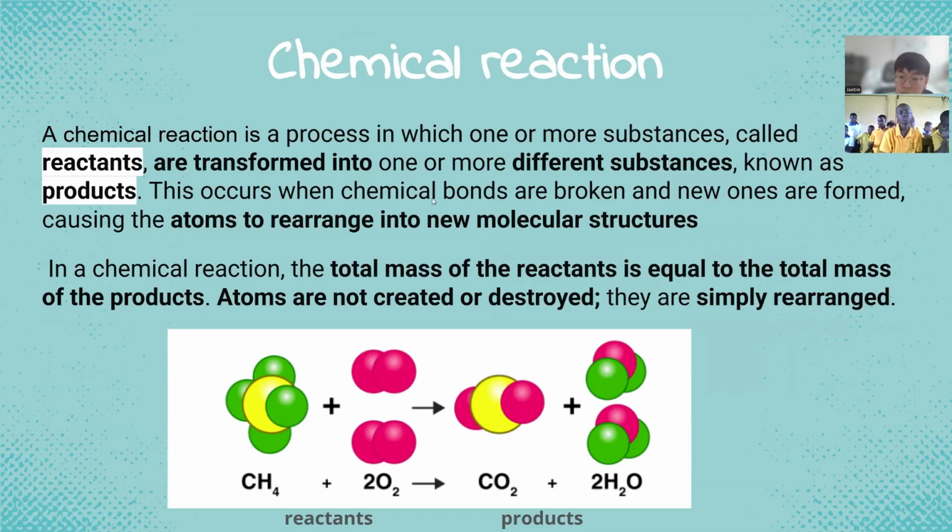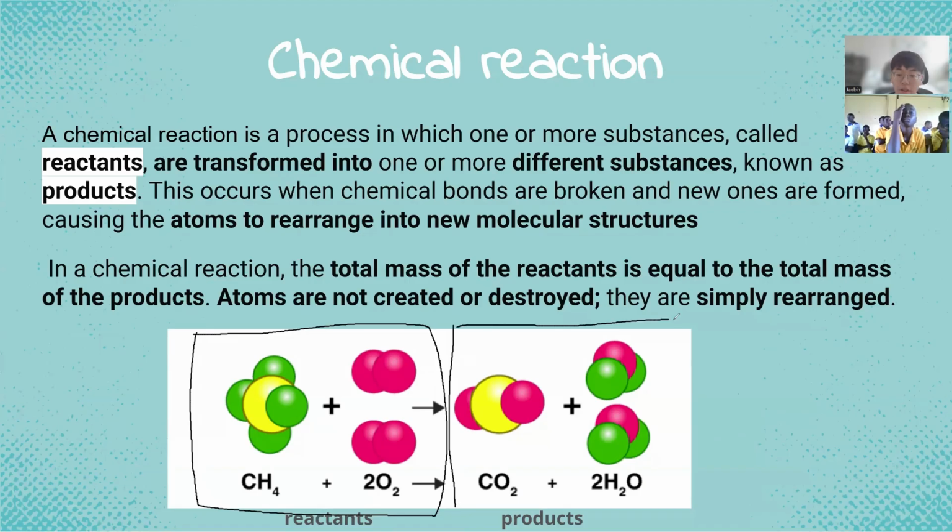This occurs when chemical bonds are broken and new ones are formed, causing the atoms to rearrange into new molecular structures. This just means that the bonds of the reactants break and form new ones to form different products.